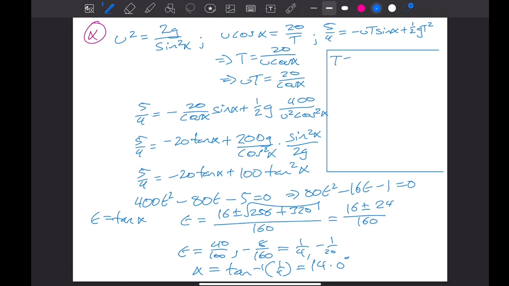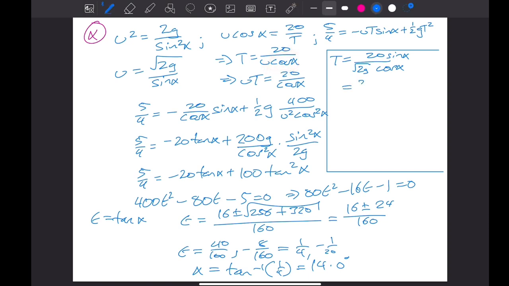We're going to have t is equal to 20 over u, which when we think about u, we can write over here. It's root of 2g on sine alpha. Sine alpha, not sine squared. So t, 20 over u, is going to have a root 2g on the bottom, and we'll have a sine on the top, and then the cos on the bottom still from the equation over there. So altogether, that's going to make a tan.